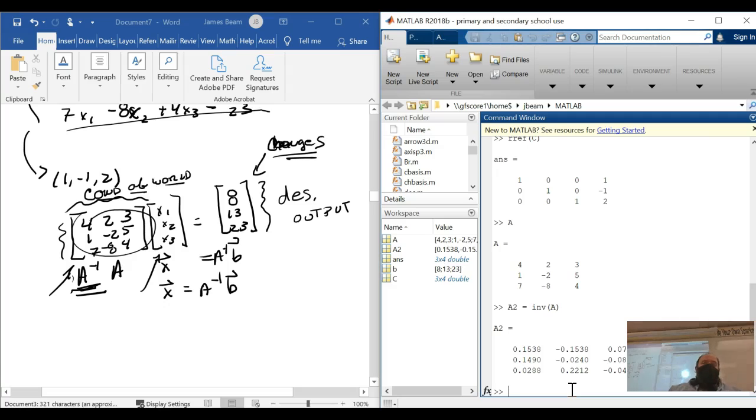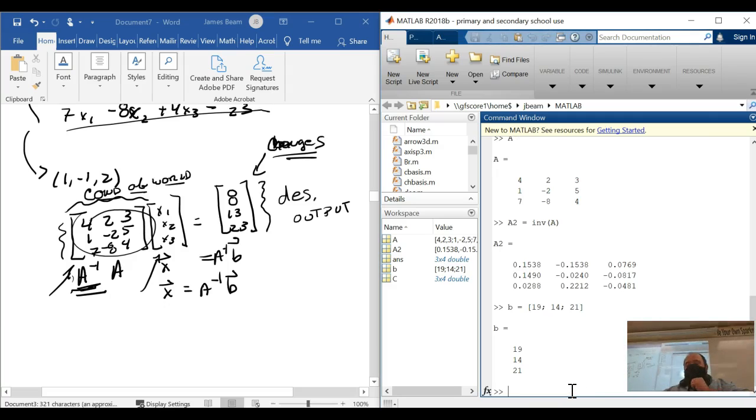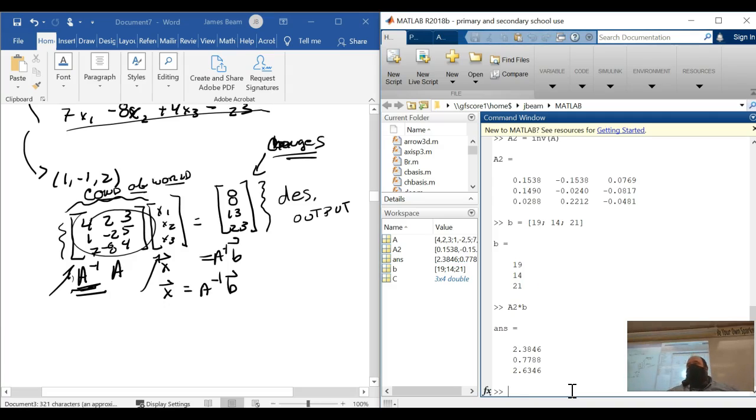I now have a tool. You can change B to be whatever outcome you want. So let's say I want B now to have the outcome 19, 14, 21, with semicolons in there. What inputs do I need to get 19, 14, 21 out of this matrix? Well, I just take my inverse and multiply it by the B, and there's the inputs. Oh, wait, I didn't mean 19, I meant 9, sorry. Well, okay, no problem. There's the inputs.